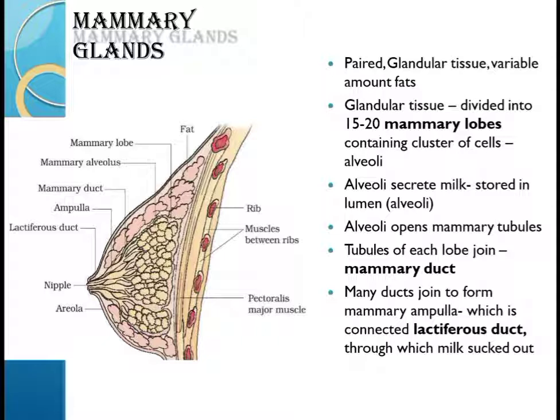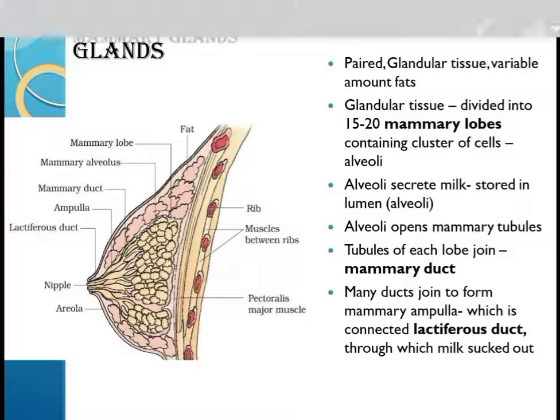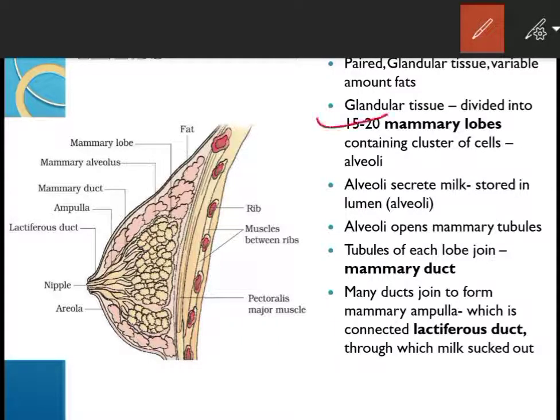The glandular tissue of each breast is divided into 15 to 20 mammary lobes containing cluster of mammary alveoli which open into mammary tubules. The cells of alveoli secrete milk which is stored in the cavities or lumens of alveoli.